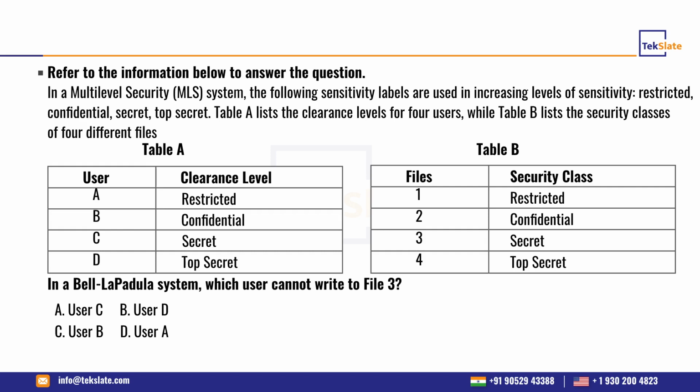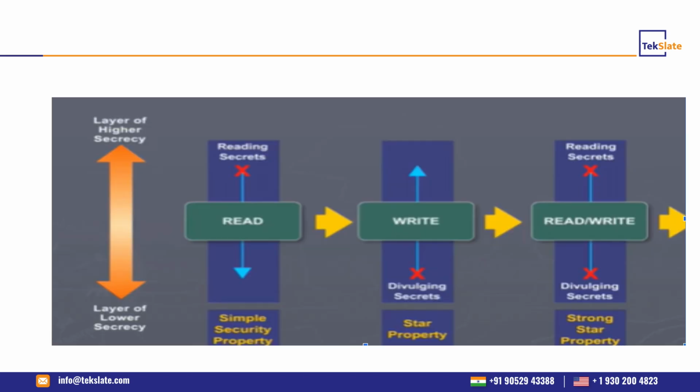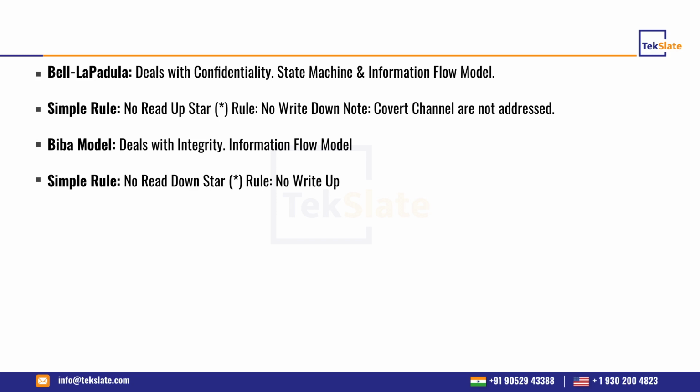So let's move to the Bell-LaPadula model. What does it say? The simple rule is no read up. I don't think this property applies here. The question is about write, what you can write, right? So this is the star property, and in this question we have to follow the star property. A question might ask about the Biba model, but the Bell-LaPadula model is about confidentiality, about reading and disclosing.